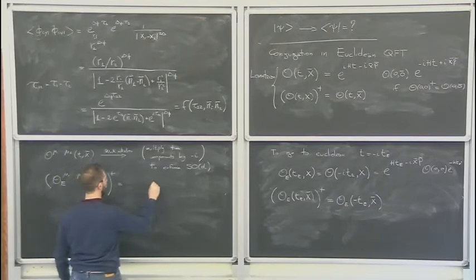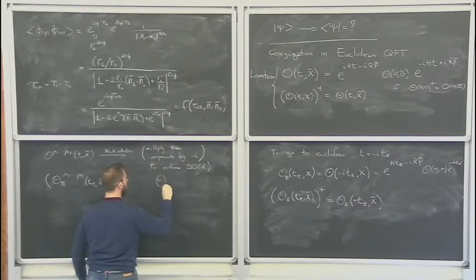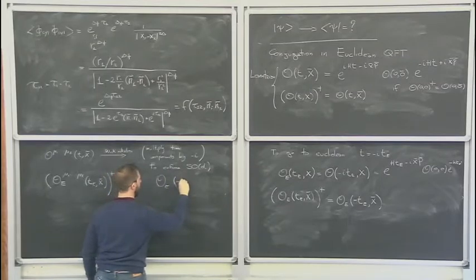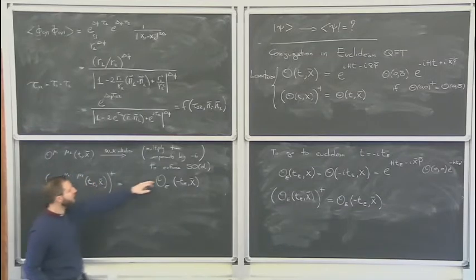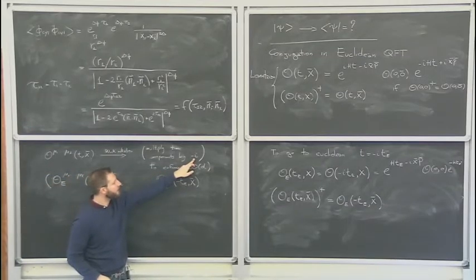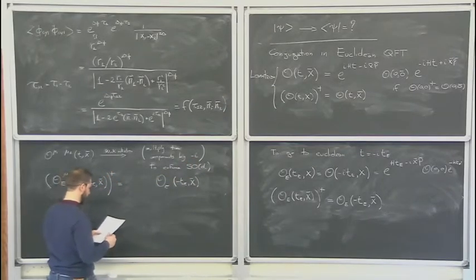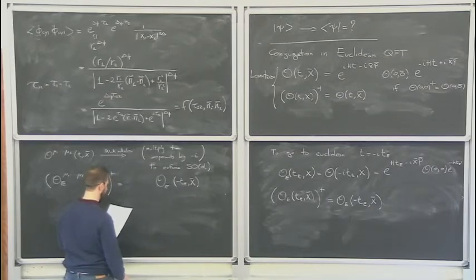So you still get O Euclidean at time minus t Euclidean, x. But now you also have to take into account that this minus i gets conjugated, so you get an additional factor of minus 1 for spatial components.